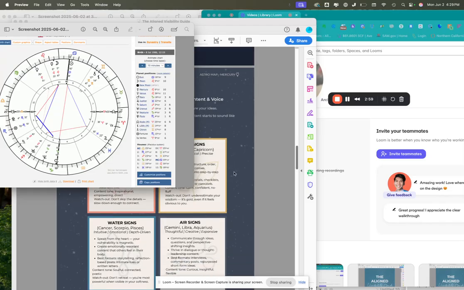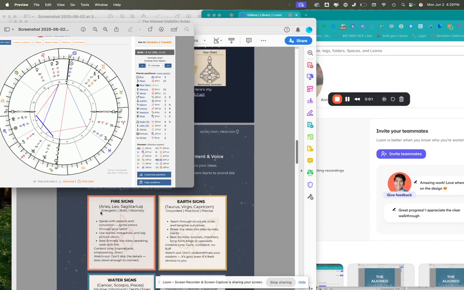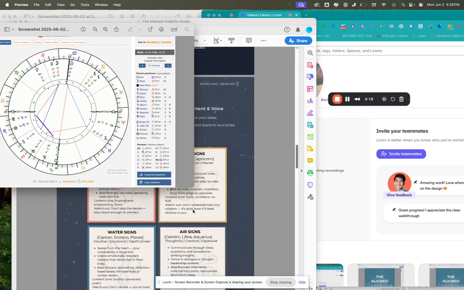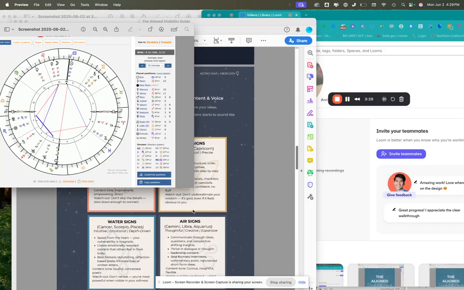That's all outlined here too, being energetic, bold and visionary, all part of the fire signs, because his is in Leo. So you'll look for where yours is and which sign it's in, and then I give you a breakdown of whether it goes with earth, fire, air, or water signs.